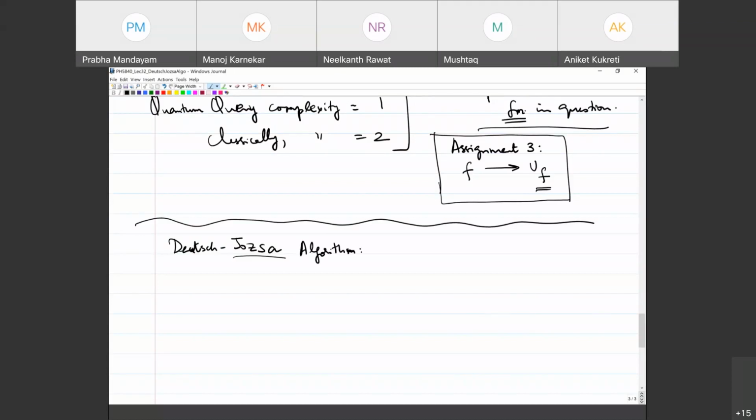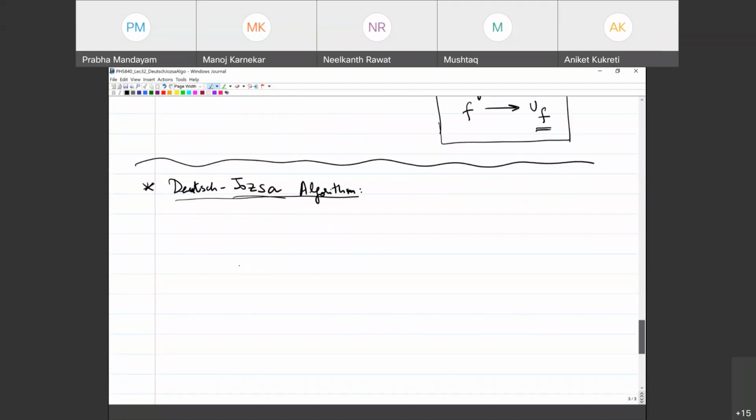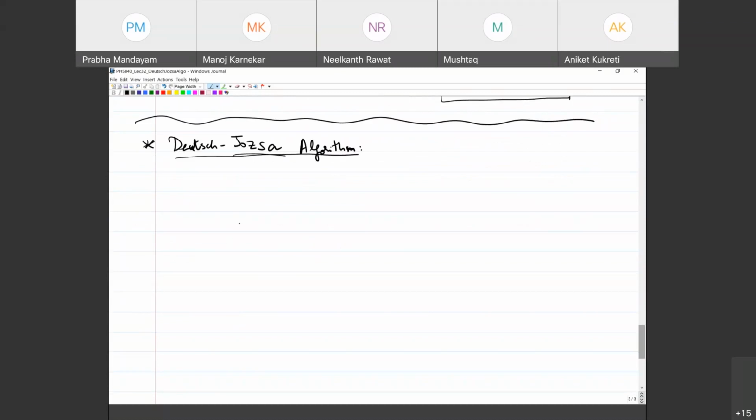So the logic is the same, but some of the details are slightly different. So it's worth discussing this as well. So what the Deutsch-Jozsa algorithm solves is this problem, that now I'm given an n-bit Boolean function, which is basically f(x) acting on an n-bit string and taking it to a single bit output, right?